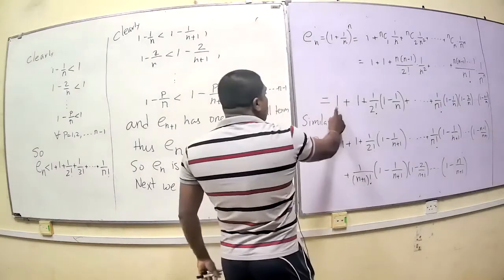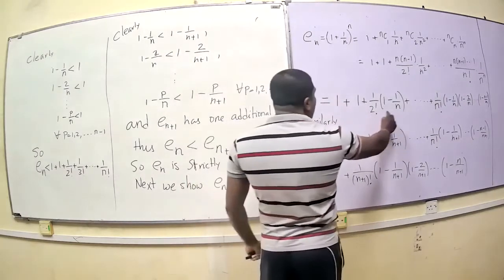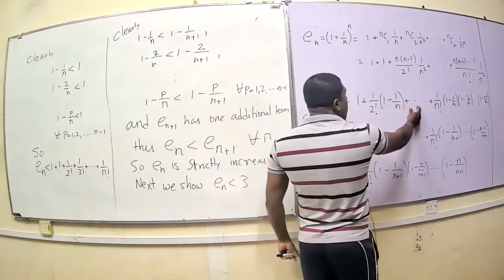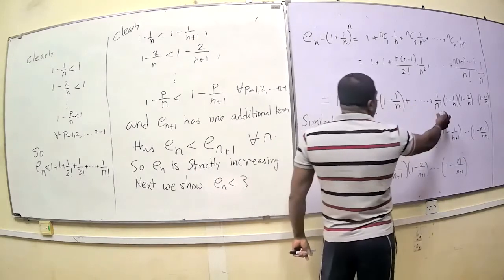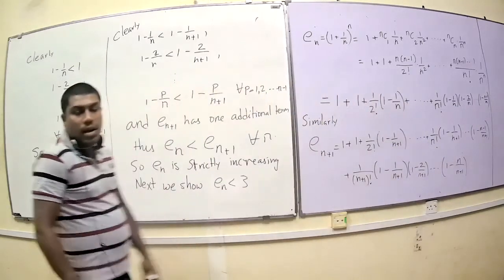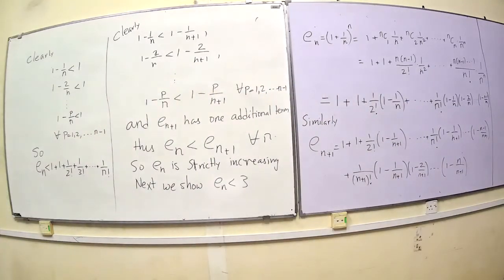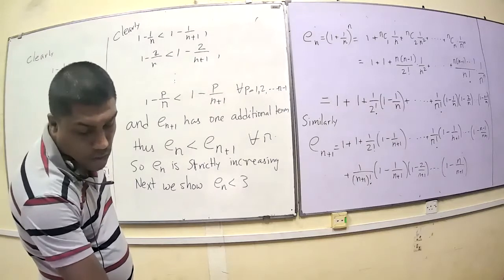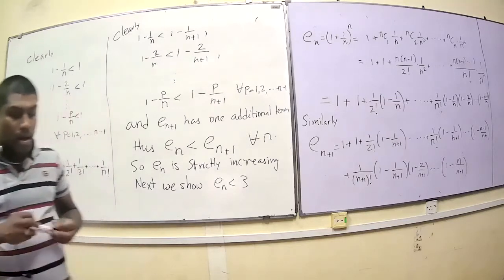you know that En is 1 plus 1 plus 1 over 2 factorial, and then 1 over 3 factorial, where the other terms are each less than 1, up to 1 over n factorial, and so all of them are less than 1. So En is less than 1 plus 1 over 2 factorial plus 1 over 3 factorial and all the way down.